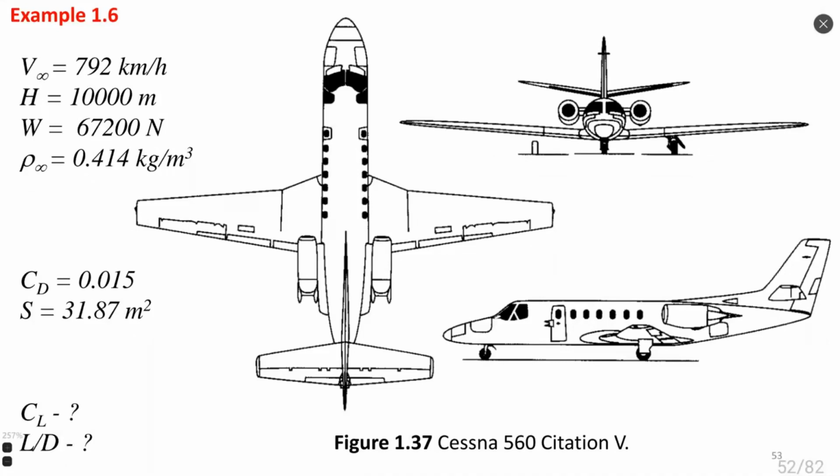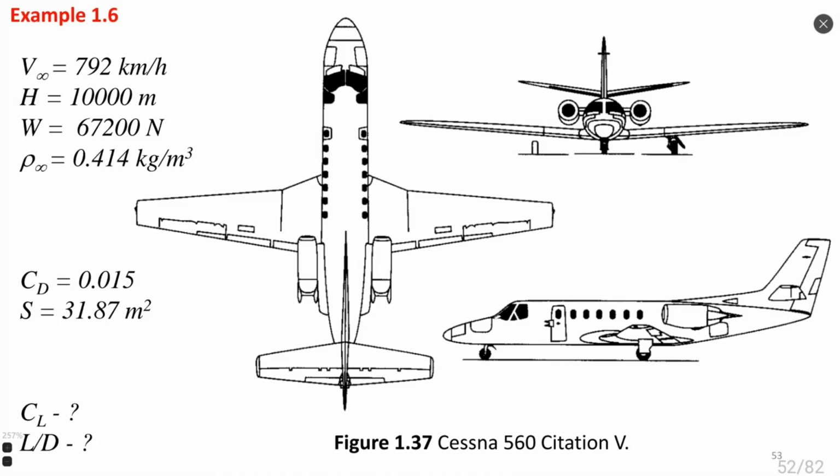Okay, another example here is also from the Anderson book, in imperial units. Here I translate it to SI units, asking to calculate the aerodynamic coefficient of lift for such an airplane and the lift to drag ratio. This is very simple. Let's do it quite fast, just to show you how these parameters can be calculated.